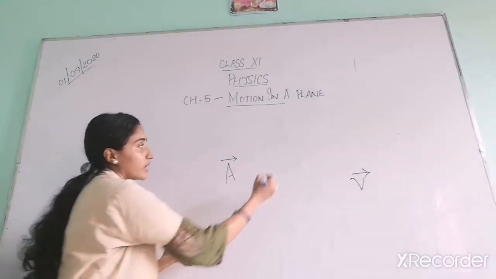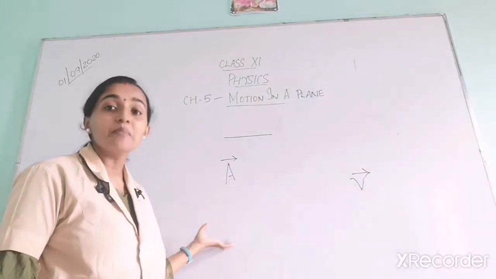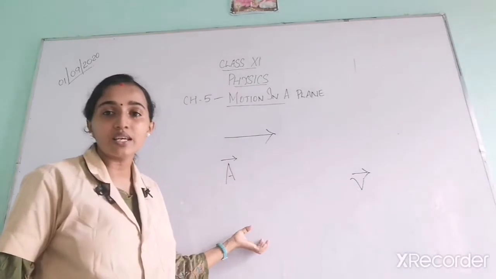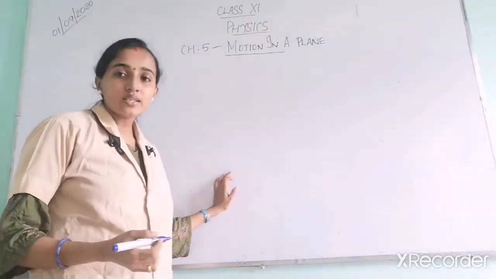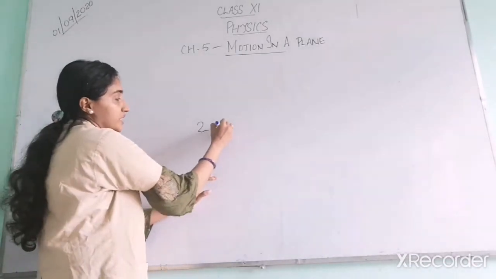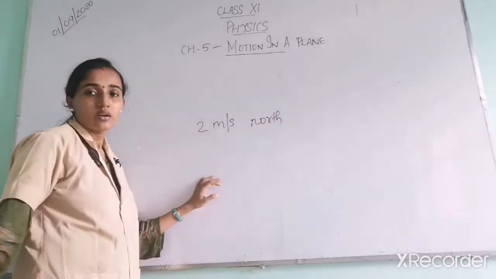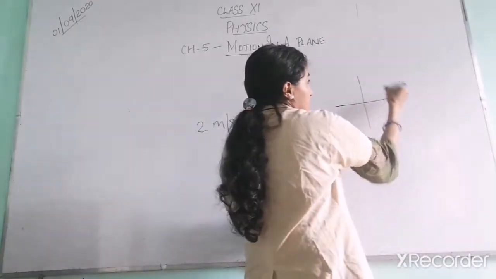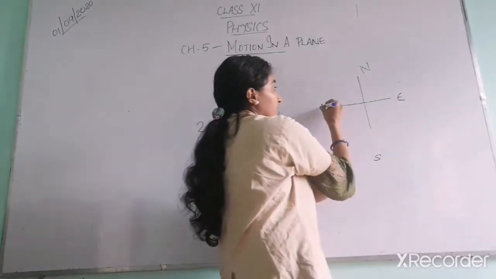Now the length of this arrow mark represents the magnitude, and the head of the arrow represents the direction. Usually the concept is taken like that. For example, let us consider a body moving at a velocity of 2 meters per second towards north. Now, how are we usually taking direction? We draw like this: north, south, east and west.